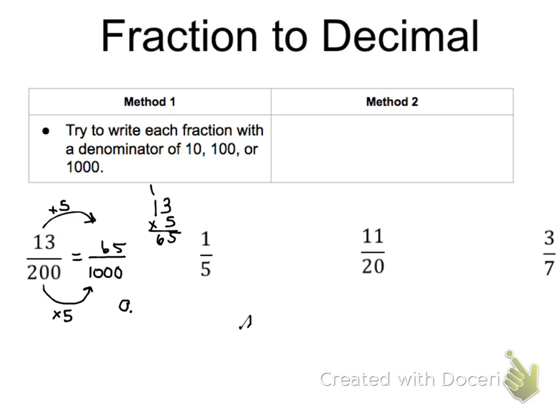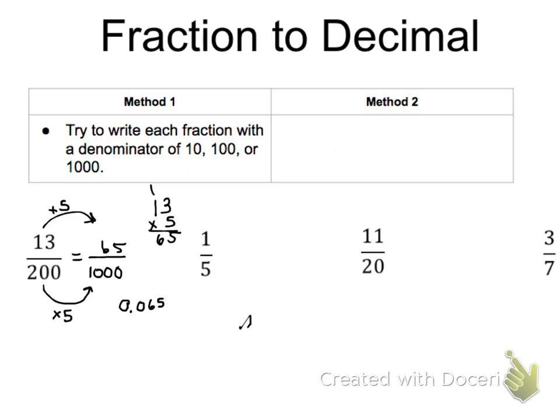Sorry, I said that wrong, but if you look at the bottom of your note, there's a nice little chart there to help you. And you can see that the third place after the decimal is the thousandths place. So that means that my last digit, the 5, has to be in the thousandths place. So it'll be 0.065. Means I end in the thousandths place. And that will be this as a decimal.